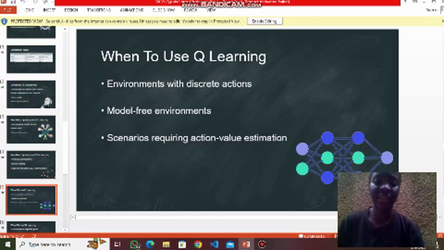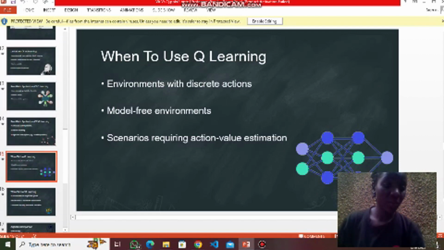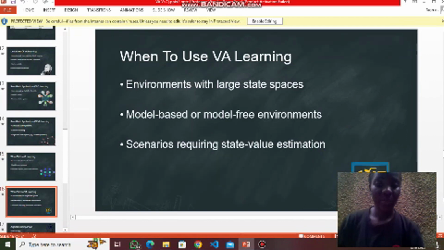This is not the case in V-learning, where we need to manage actions which require the state value, while in Q-learning we require just the action value.